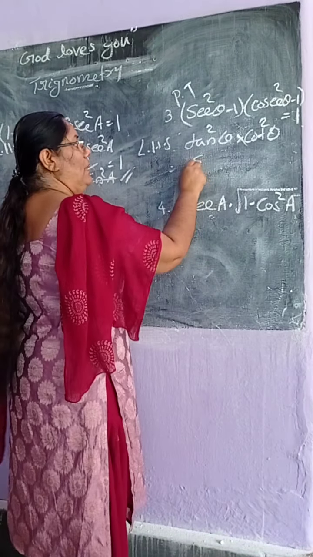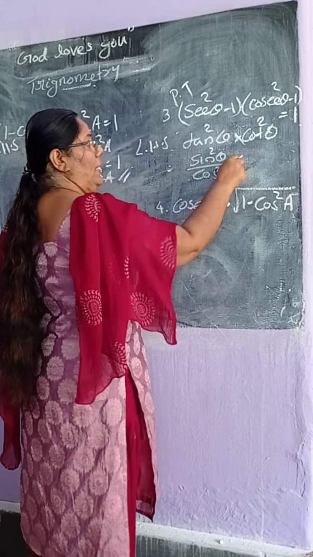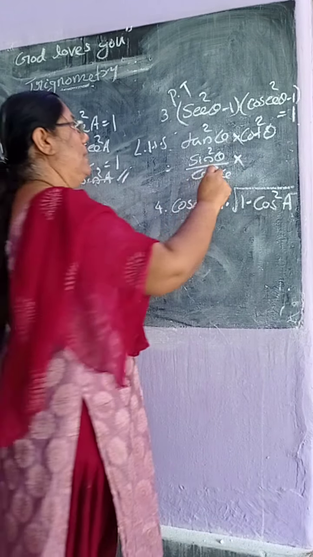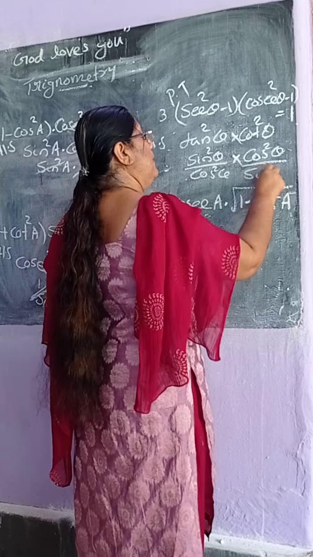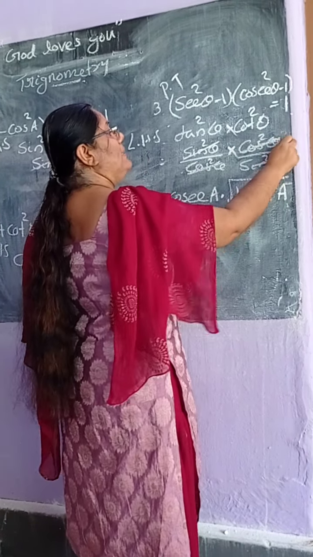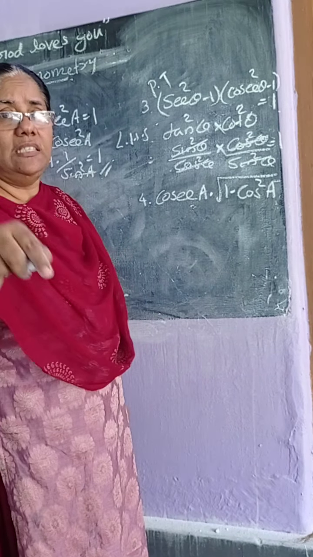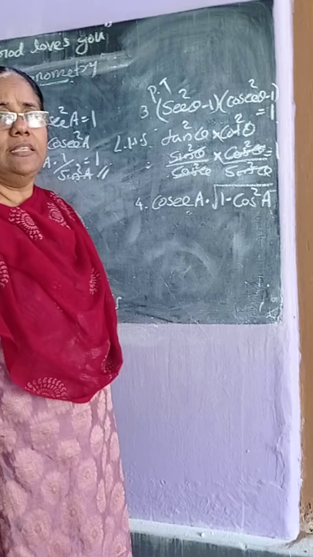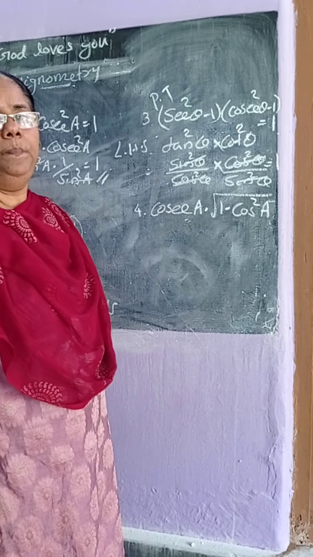Therefore, tan square theta means sin square theta by cos square theta, into cot square theta, which is cos square theta by sin square theta. Cos square cancels, sin square cancels, 1 equal to 1, that is equal to RHS. Hence proved. Last line, hence proved.